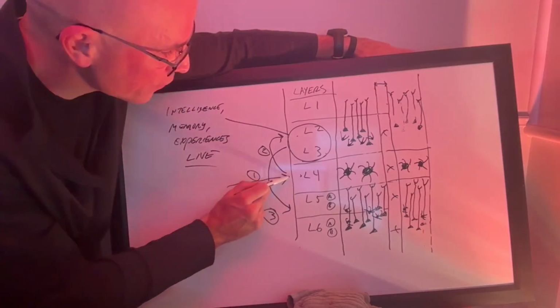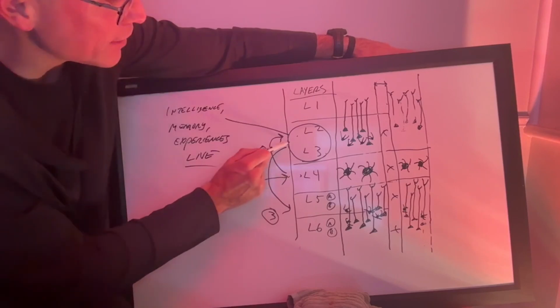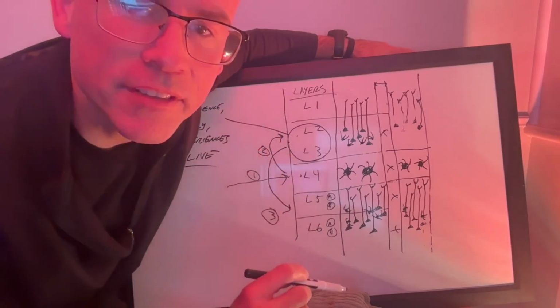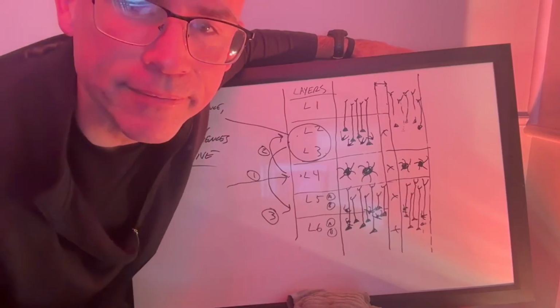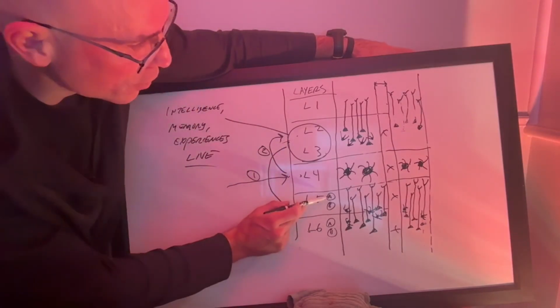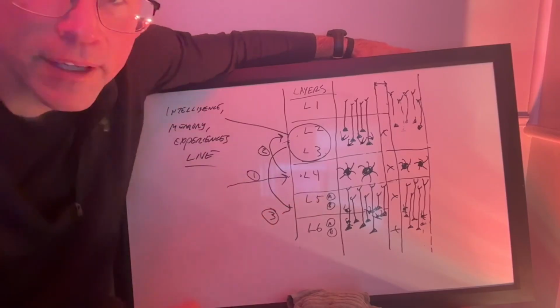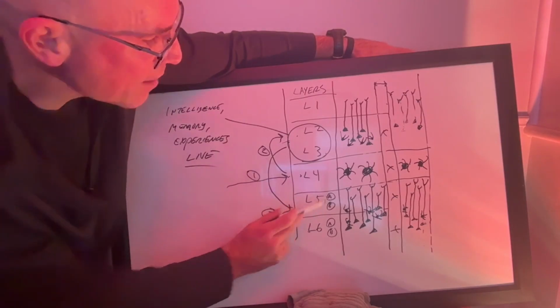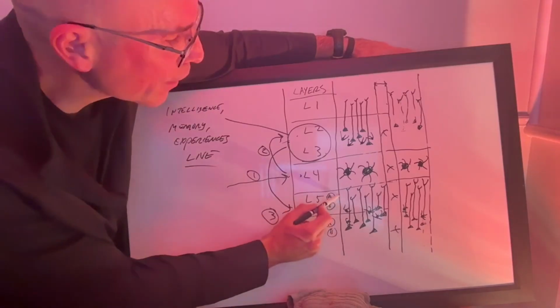So inputs come in from the thalamus. It will check layers 2 and 3 so that the specific living organism can draw from its database and go down to layers 5 and 6. Now you notice there's a 5A and 5B and a 6A and 6B. 5AB is mostly regular spiking.